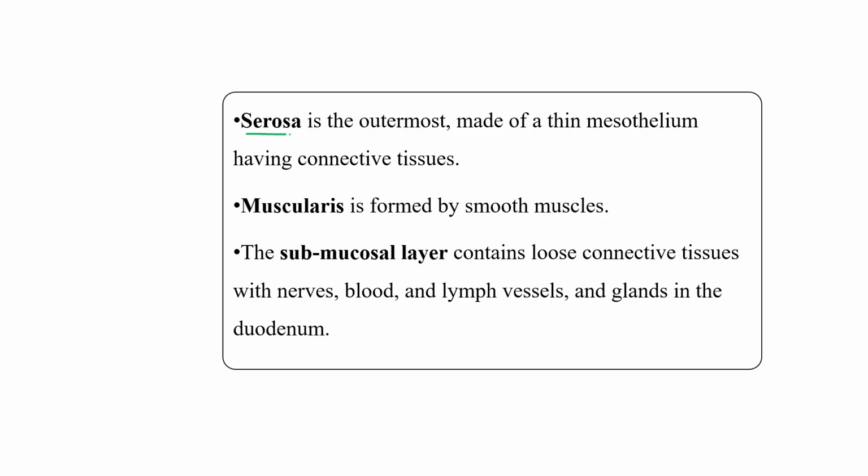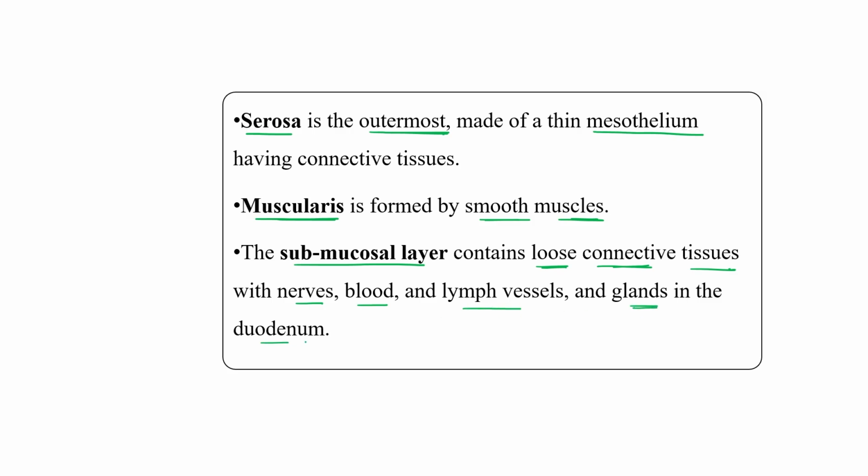Serosa is the outermost part, as you have just seen in that picture. It is made up of thin mesothelium with connective tissue. Muscularis is formed by smooth muscle. The submucosal layer contains loose connective tissue, which means it has nerves, blood supply, lymph vessels, and certain kinds of glands.